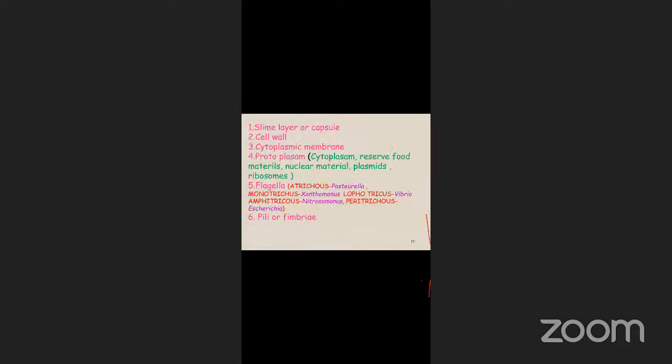Already in the previous class, this is the diagram of the ultrastructure of bacteria. These are the six main important components of the bacterial cell.